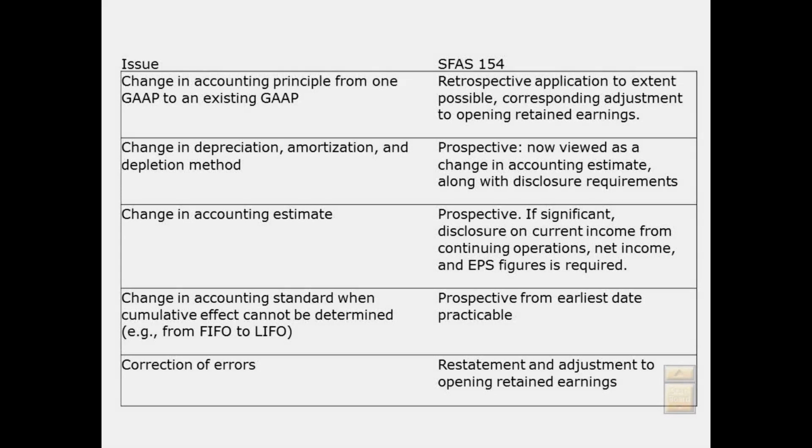You have to just move on and do the best from here on out, or you have to create comparable financial statements from year to year and have the one-time adjustments to retained earnings.